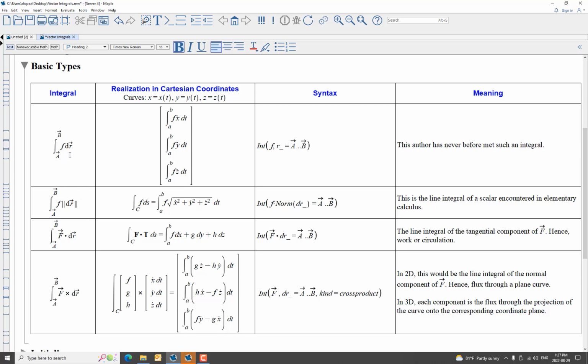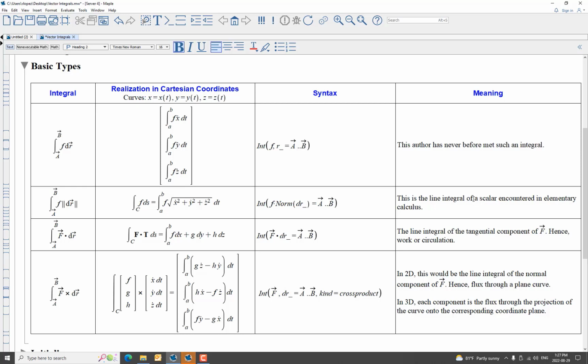F is a scalar, this is a vector, and it results in a vector of line integrals. And I've never seen that before. This means the norm of this vector, so it's implemented with the word norm, and that's the one that gives you f ds.